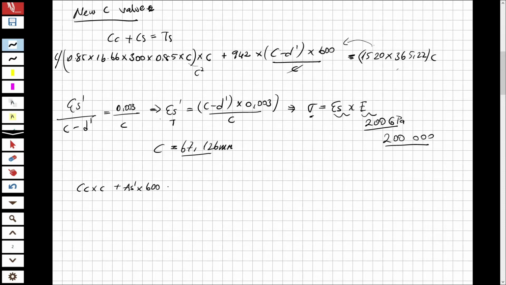Yeah, minus tension steel multiplied by C and minus AS prime multiplied by 600 multiplied by D prime equal to 0. When you apply this formula, we are going to obtain the new C value in the beam.